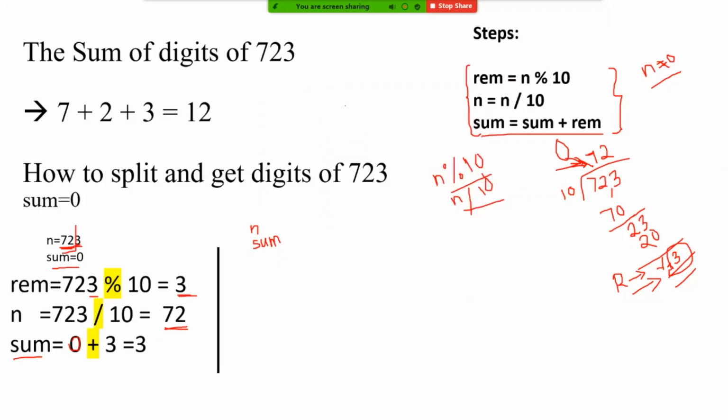Here, what will be the new value of n? Here we have seen that the new value of n, we are assigning 72, right? So the new value of n is 72 now. For the second step, we are passing 72. And what will be the value of sum? Sum value is 3. In this step, it was 0.